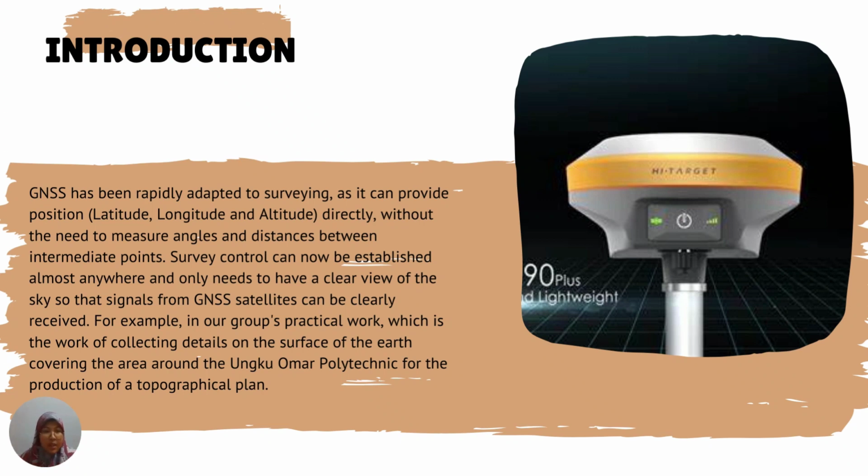For example, in our group practical work, which is survey work of collecting details on the surface of the Earth, covering the area around the Ungku Omar Polytechnic for the production of a topographical plan.